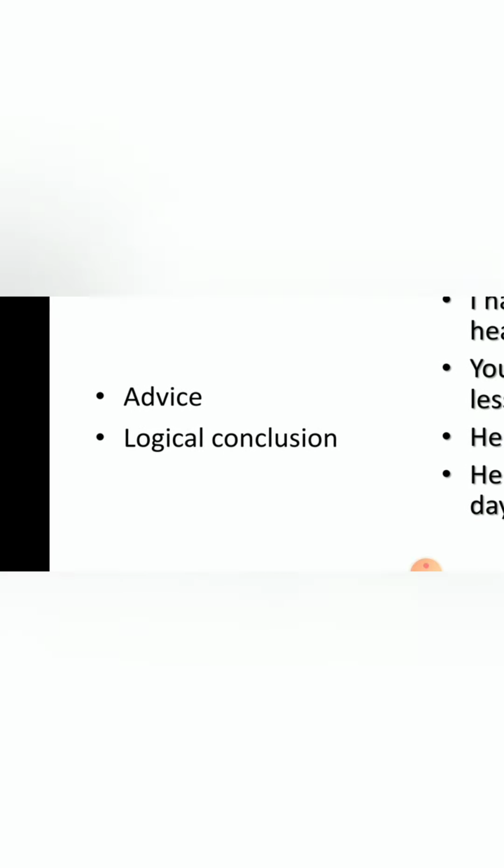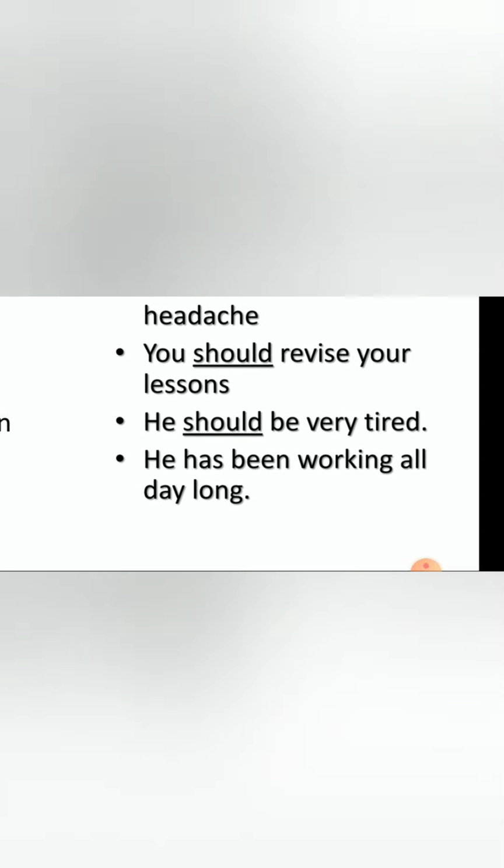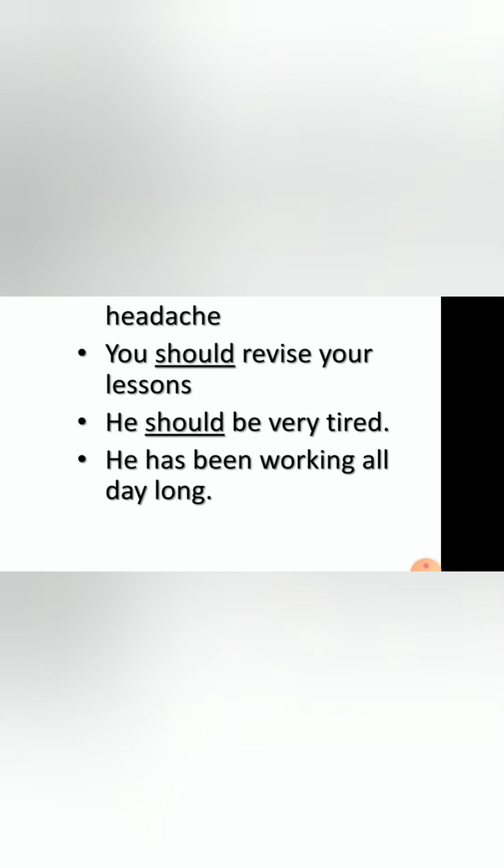The next one is logical conclusion. What is the meaning of the word logical conclusion? Logical conclusion is a reasoning in which the passage through the rules from the utterance, the exact conclusion. See the sentence. He should be very tired. He has been working all day long.